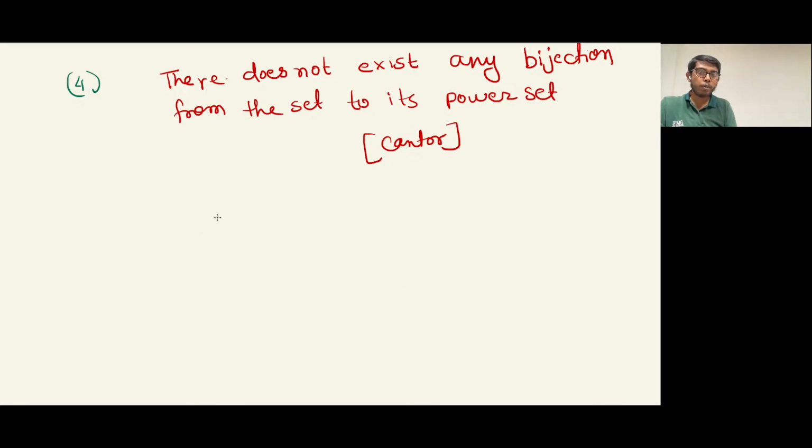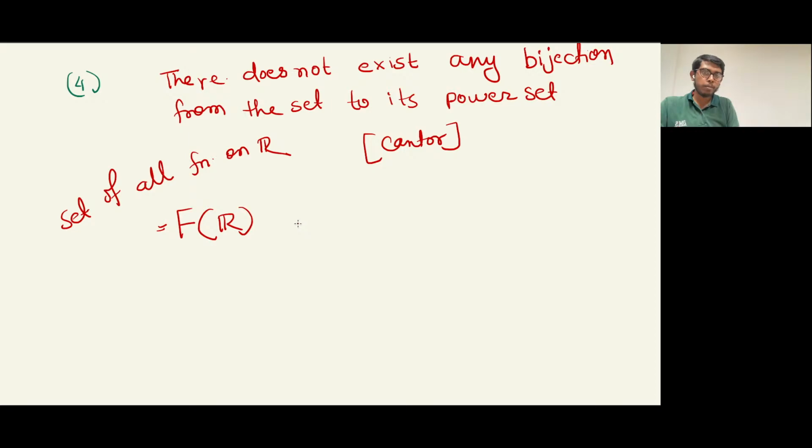Okay. Now what I will do, I'll show that the set of all functions, I'll just write F(R), this denotes the set of all functions on R. And this is my power set of R. I will give an injective map from the power set to the set of all functions.